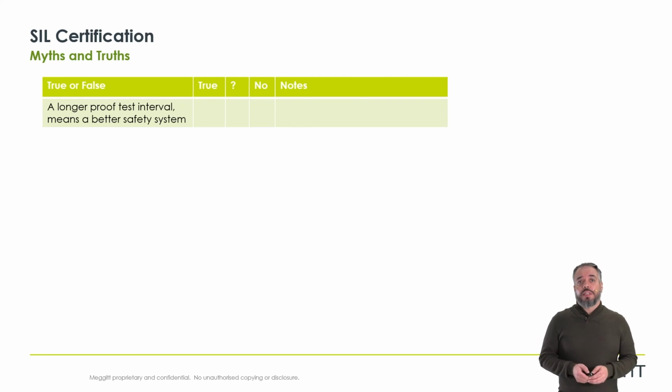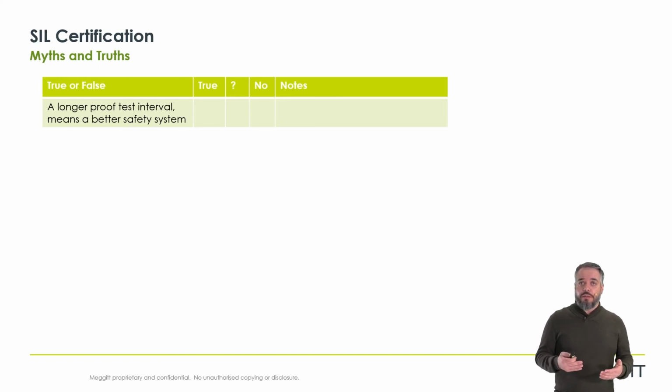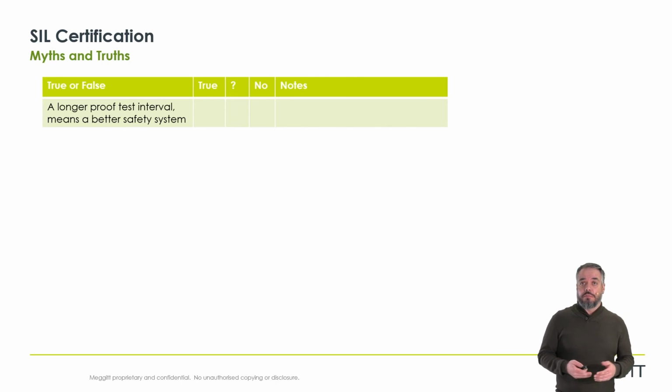A longer proof test means a better safety system? This is a very common question and is even used sometimes as a marketing argument, but it is not necessarily true. A longer proof test interval can mean that we have more complex proof tests that we cannot implement easily.